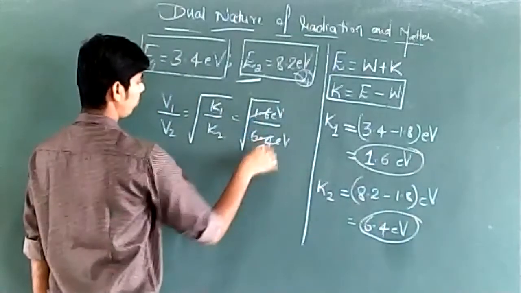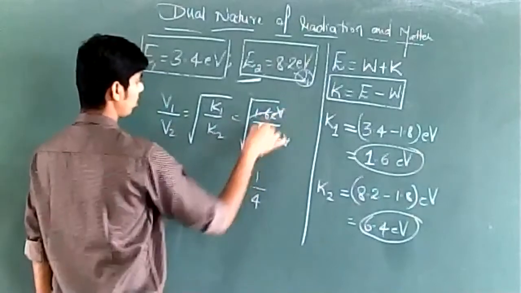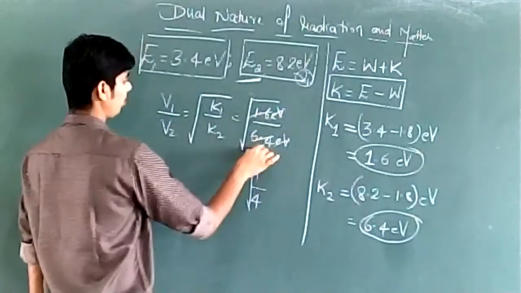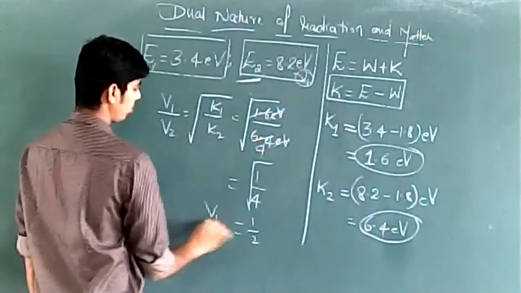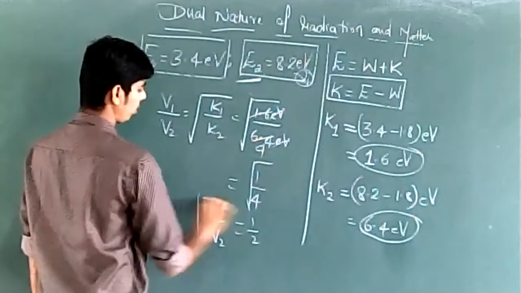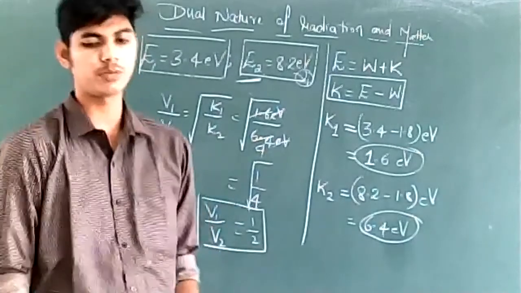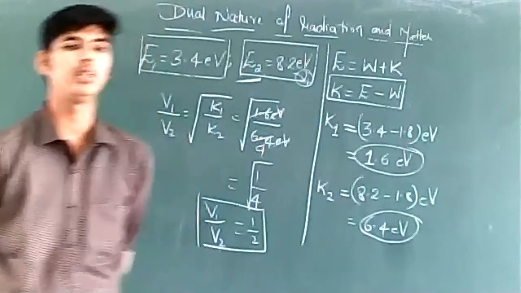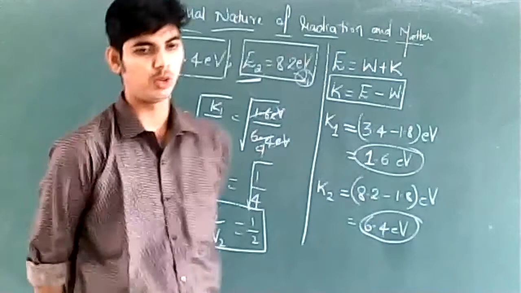This is 1 by 4, and the square root gives 1 by 2. So the ratio of speeds of the photoelectrons is 1 is to 2, V1 by V2 equals 1 by 2.